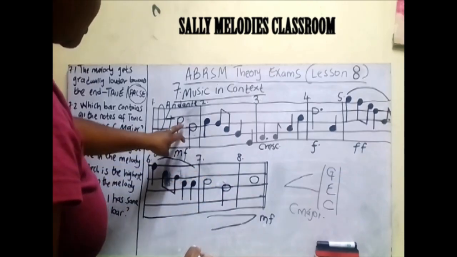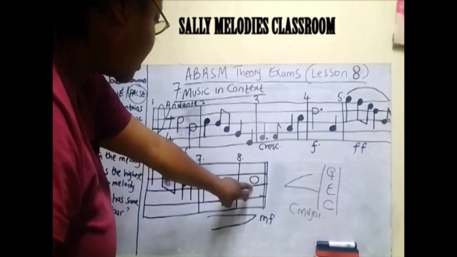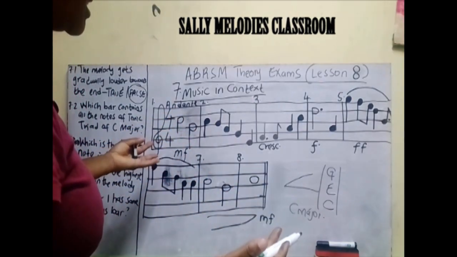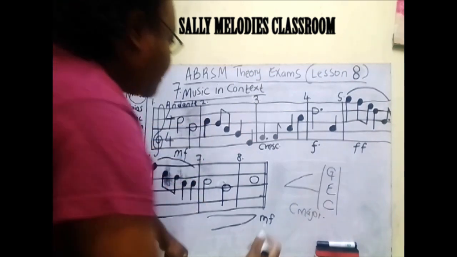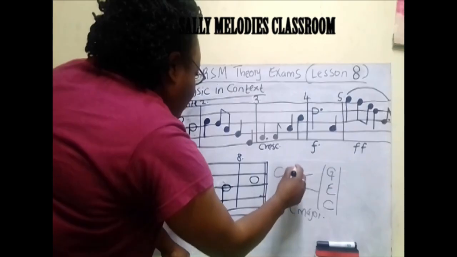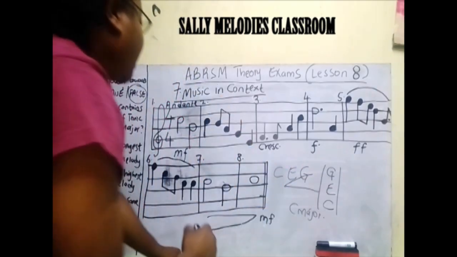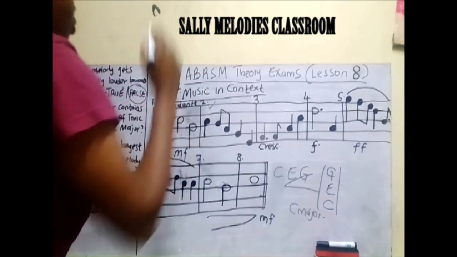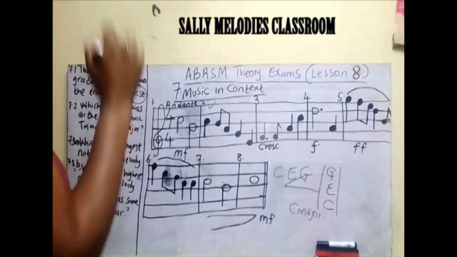So this is out, this is out, and this is out, because we need at least 3. So I think it's bar 2, because this is C, this is E, and this is G. So your answer is bar 2. You'll be given choices there to either tick or click the answer.